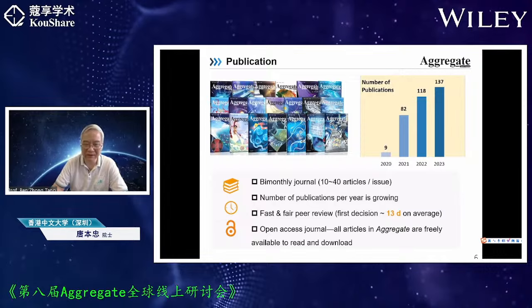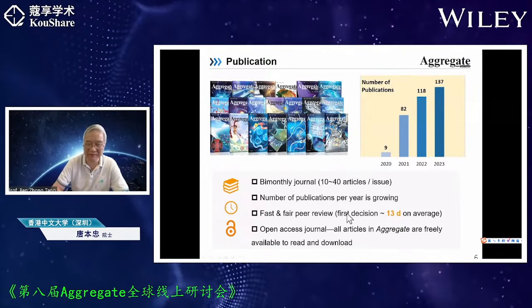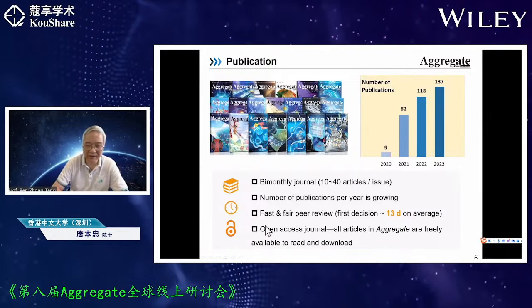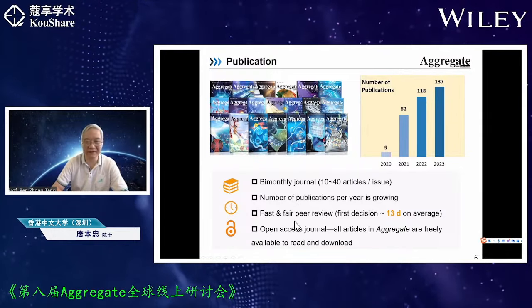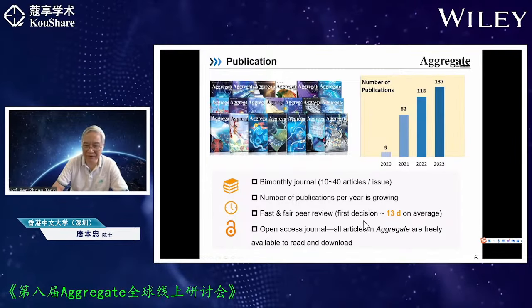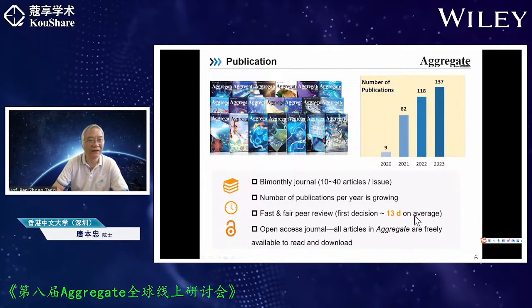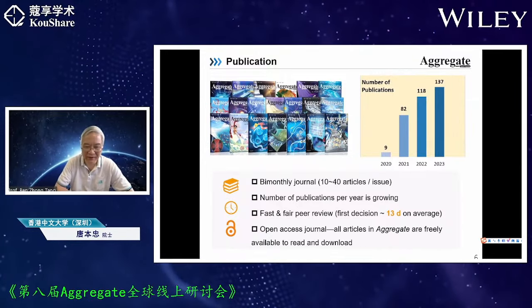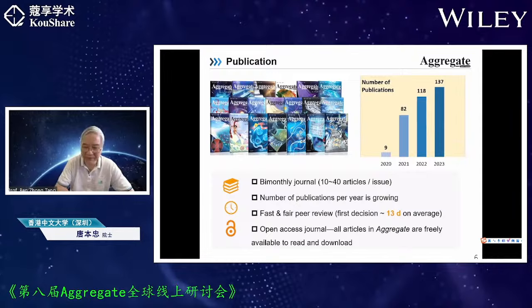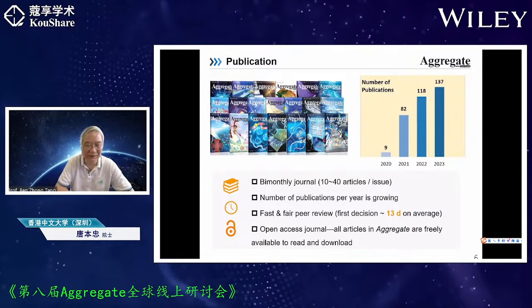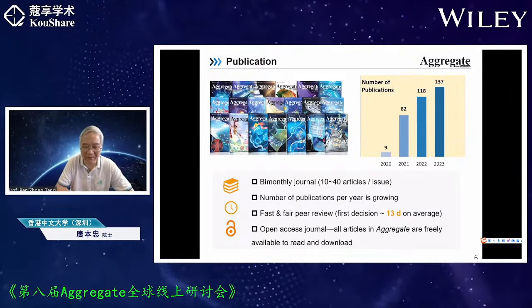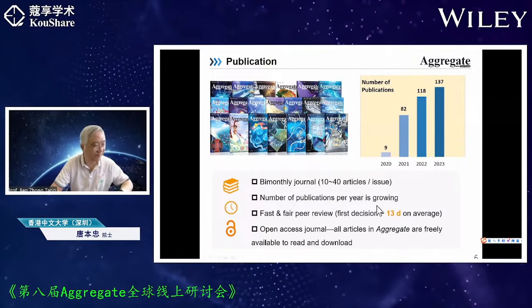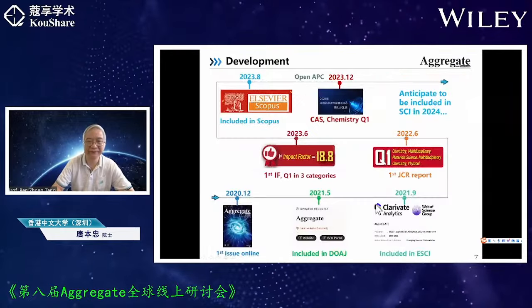The number of publications per year is growing, as shown here. The review is very fast: we reach the first decision in less than 2 weeks on average. And it's an open access journal, so people can freely read the papers published in our journal.